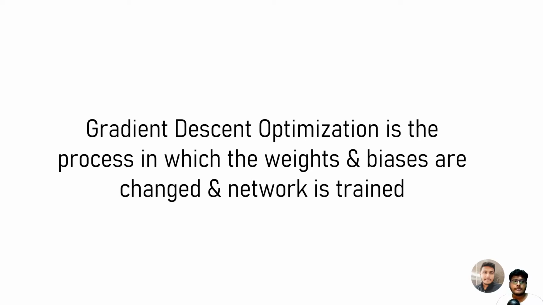And what is gradient descent? You already have the loss, so gradient descent is the way of changing the weights and biases. So how do you use the gradients that you already calculated in back propagation and change the weights and biases such that the loss should reduce, right? This is pretty much what gradient descent does.